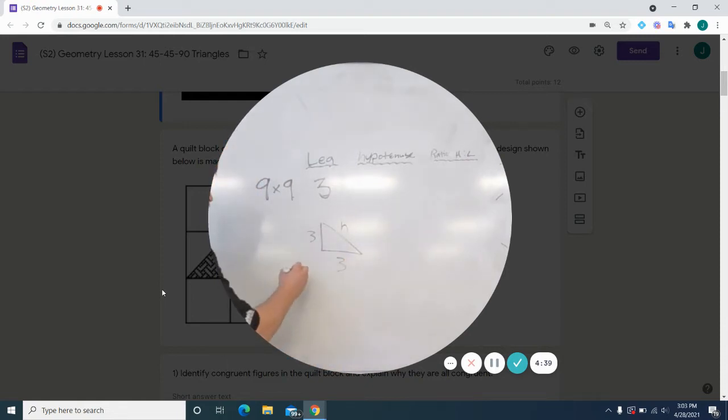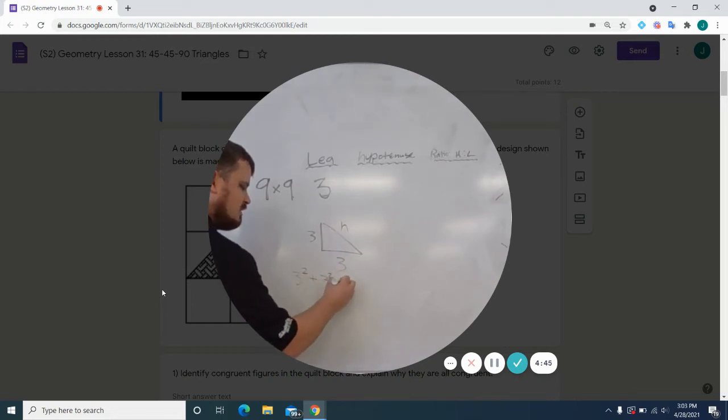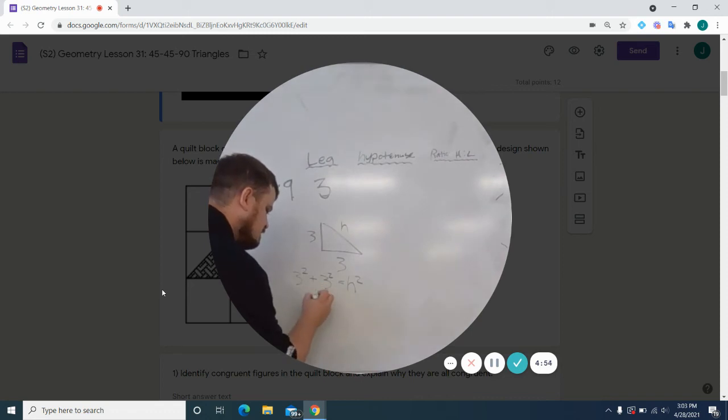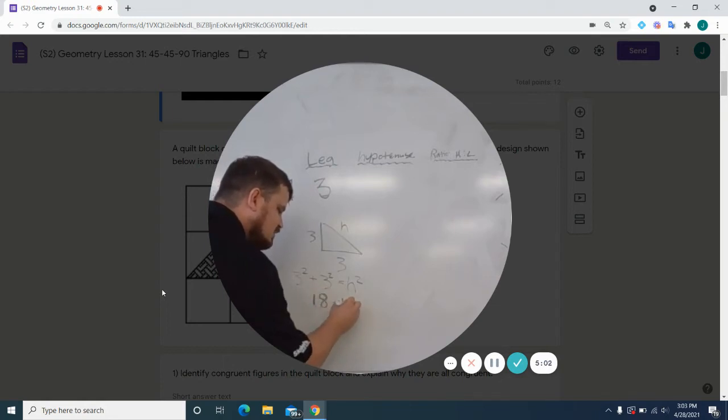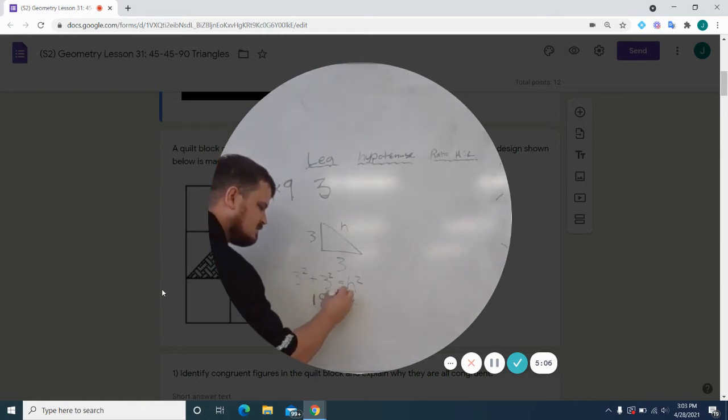So it'll be 3 squared plus 3 squared equals h squared. Okay, so you add those together. 3 squared is 9, plus 9 will get 18. We get 18 equals h squared. Okay, and then we do square root both sides.